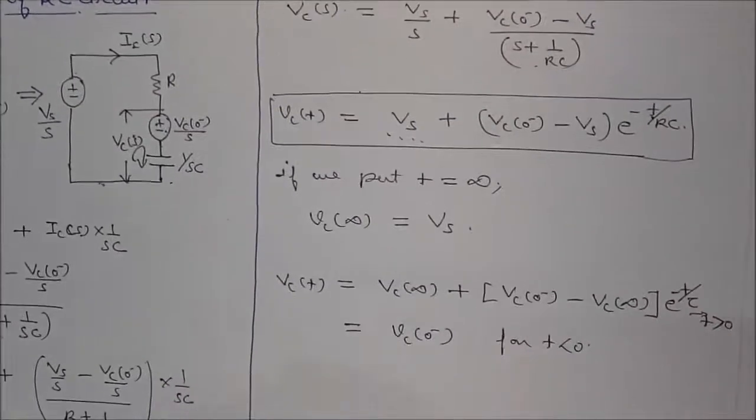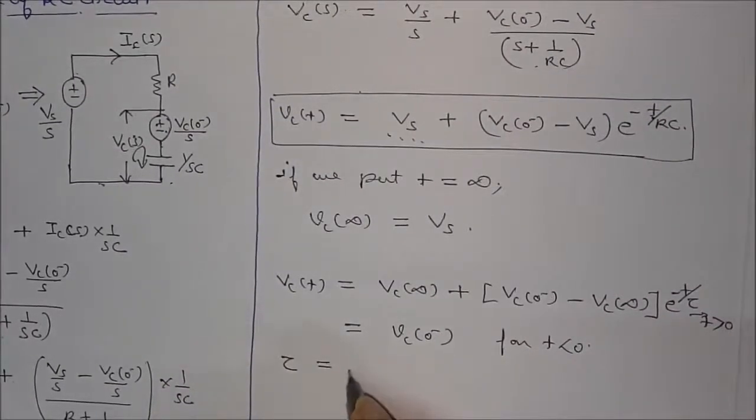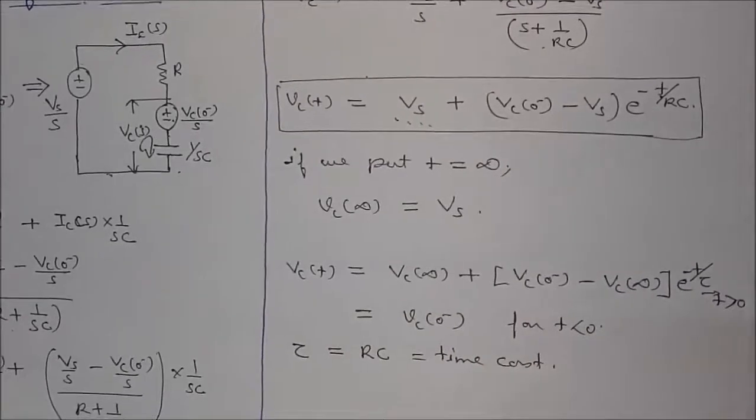Is it okay? Where tau is the time constant, RC. So this is the complete response that you will get from an RC circuit including initial conditions.